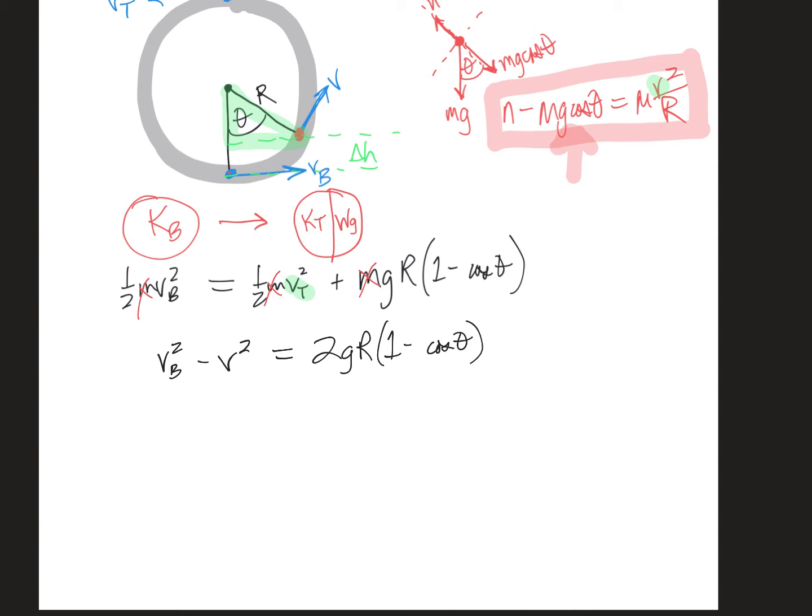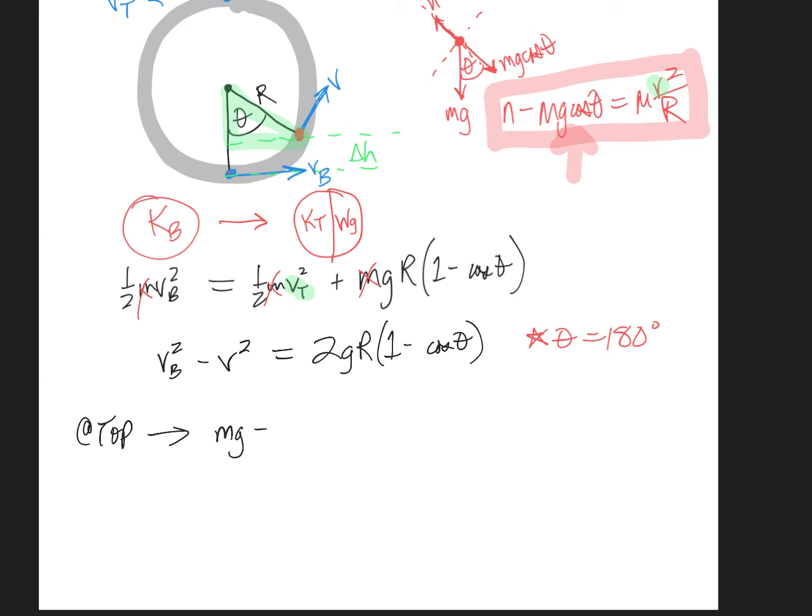By the way, theta is going to be 180, okay, because we went halfway around. So there'll be some negatives and whatnot going there. So at the top, what do we get?